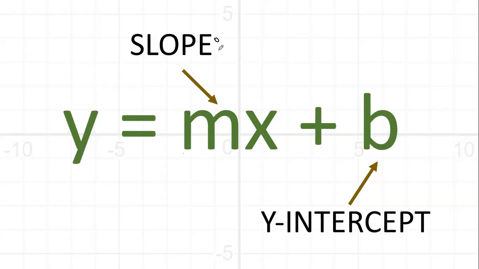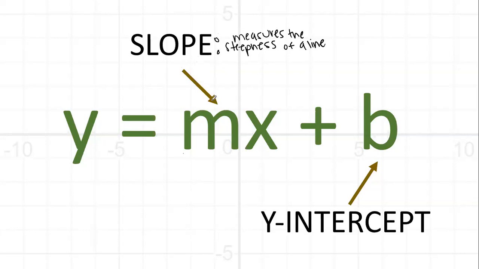And if you remember the definition of slope, slope is the steepness, or it measures the steepness of the line. So this tells me how much of an incline there is on a line, how steep that line is. So slope measures the steepness of a line. So M stands for slope.